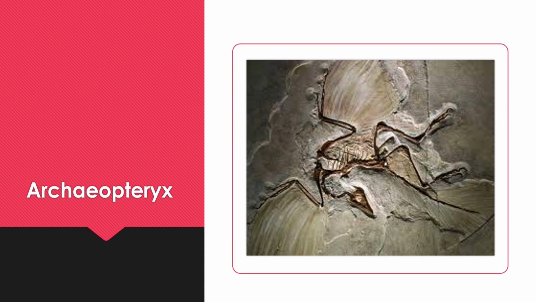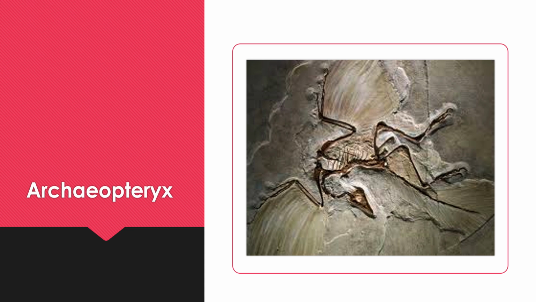This is Archaeopteryx. I know he looks like a jumbled mess, but this is the first fossil that they found that suggests it was the common ancestor to both the dinosaurs and today's birds, because it is the remains of a dinosaur. However, as you can see in this pattern here, I know it's a little bit blurry, it had feathers. That's a common trait of today's birds, that they have feathers. So that suggests that the dinosaurs and the birds are related.